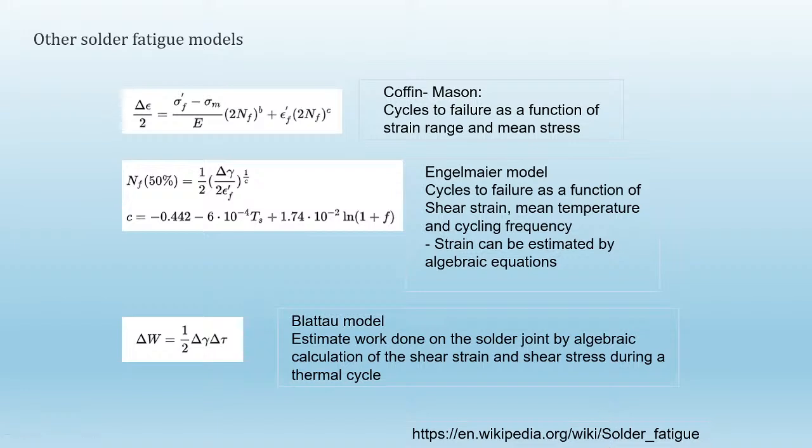If you are looking at correlation-based fatigue evaluations, like if you want to compare, hey, I want to change from one PCB to another, or if I want to make my solder balls bigger or smaller, how does that affect my durability? You can get some pretty decent estimates using these other methods. So Coffin-Manson is a standard fatigue calculation. Cycles to failure is just a function of the strain range and the mean stress.